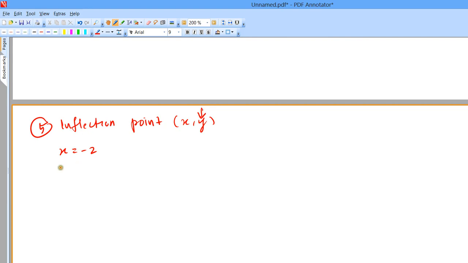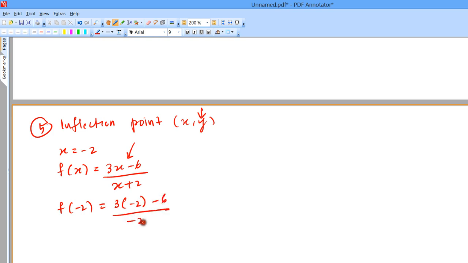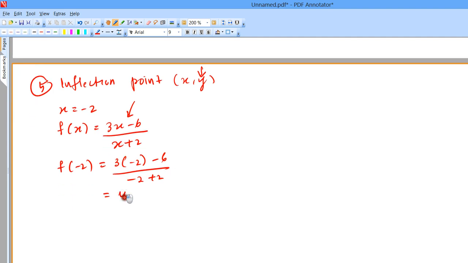We have f(x) equal to 3x minus 6 over x plus 2. So f of negative 2, just substitute negative 2 into the original function. We get 3 times negative 2 minus 6 over negative 2 plus 2. The denominator equals 0, meaning undefined. So you can make a conclusion here: no inflection point.